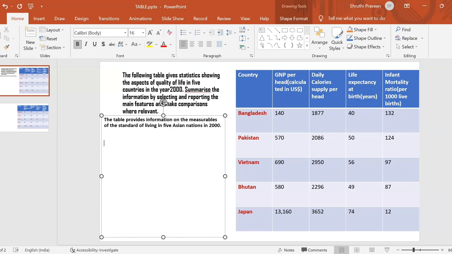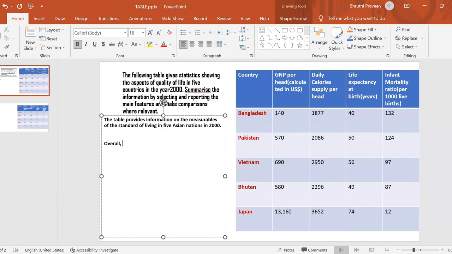If you want, you can also write which are the Asian nations, okay? The table provides information on the measurables of the standard of living in Bangladesh, Pakistan, Vietnam, Bhutan, and Japan in 2000. That is also another way of writing the introduction.